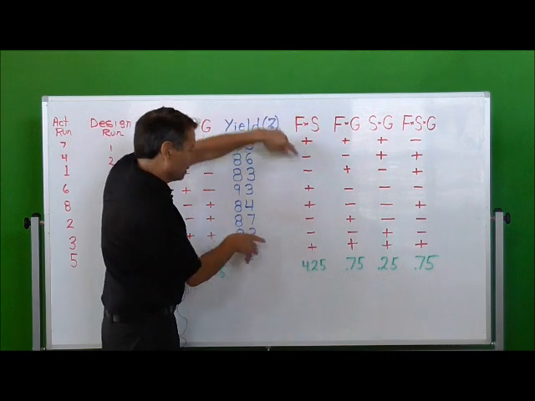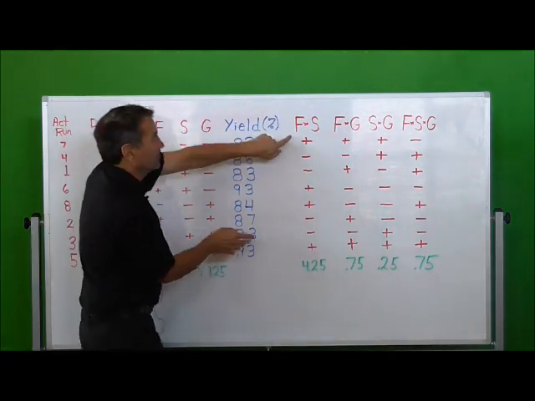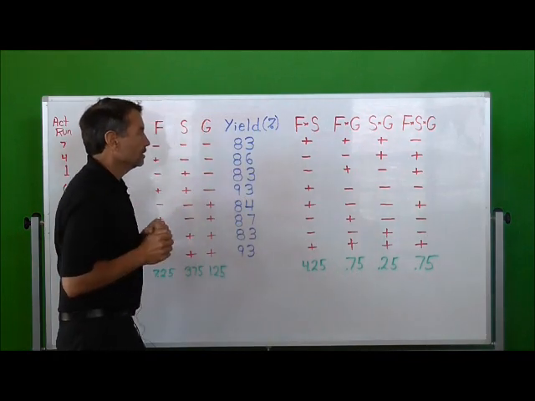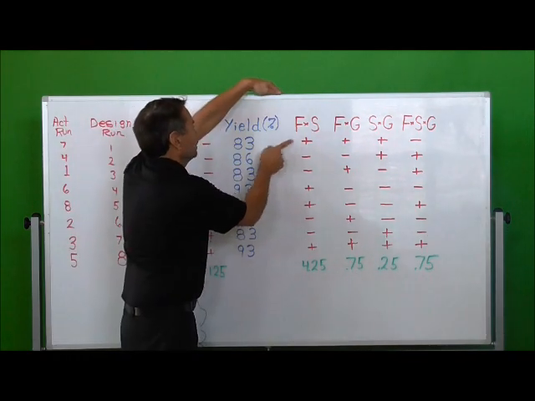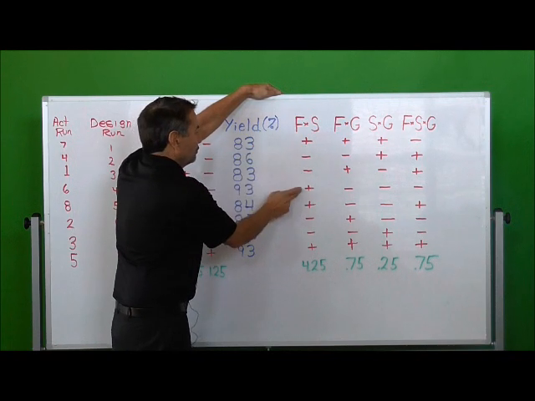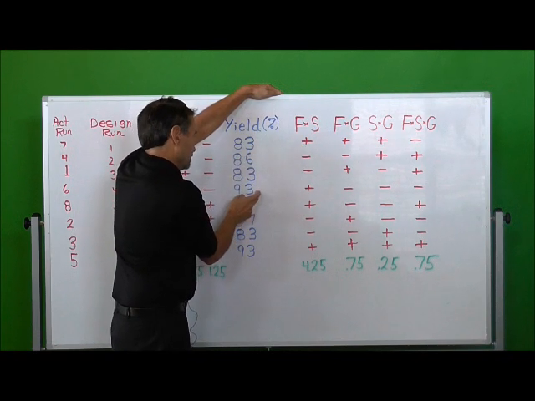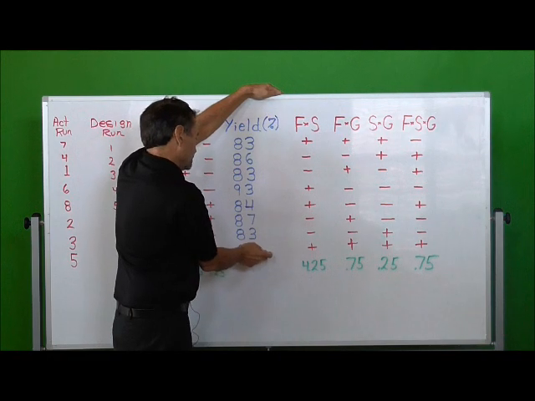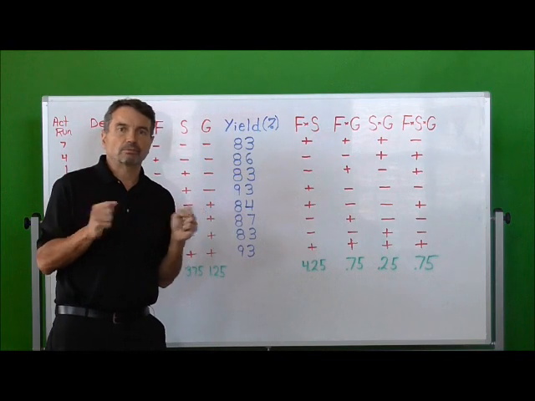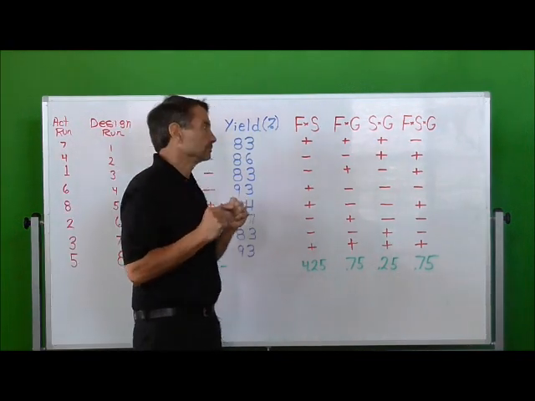So what we're going to do now to come up with the force by speed interaction is take everywhere we have a plus, all four of those pluses, the 83, the 93, the 84, and the 93. We will average them up and divide by 4.